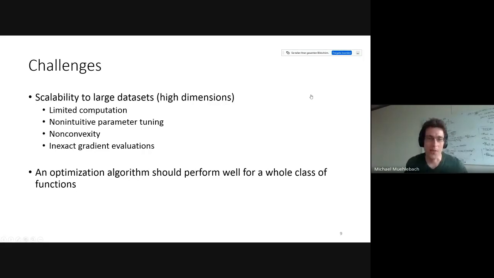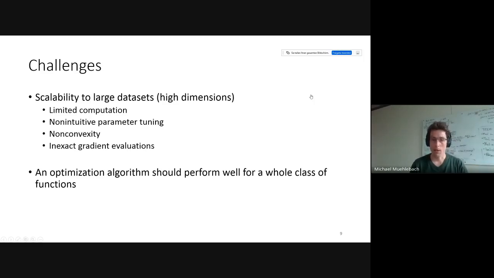So in all these cases, we saw that optimization can be used to solve very complex tasks. And these were all very successful examples. So where are the challenges? I think one of the main challenges is how can we create algorithms that scale to very large dimensions?